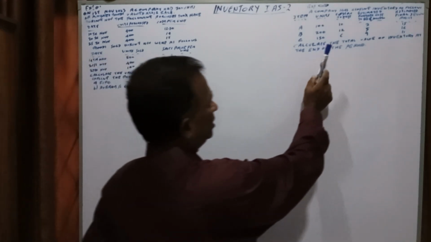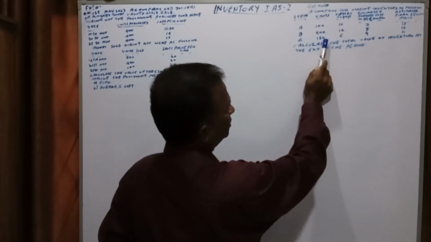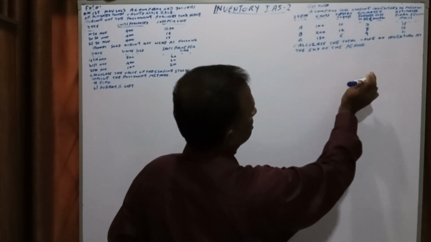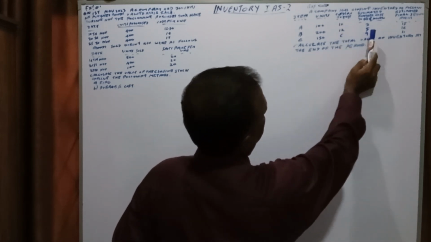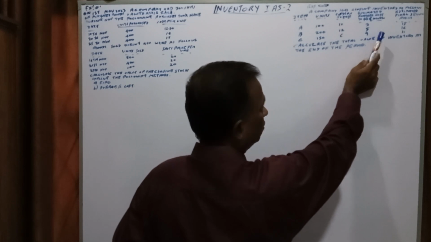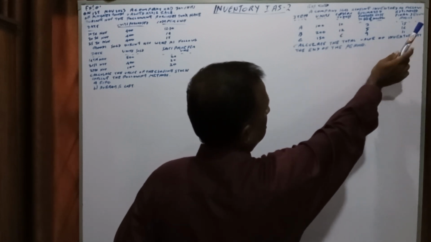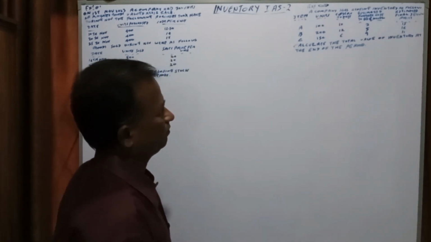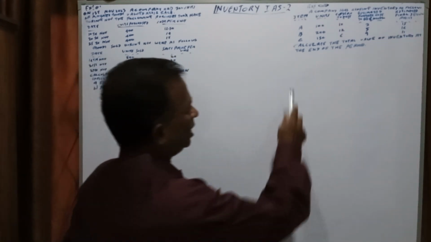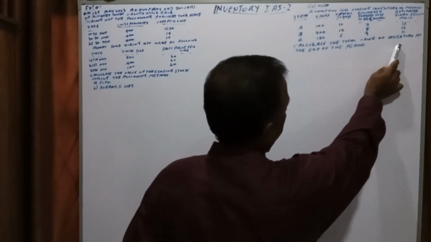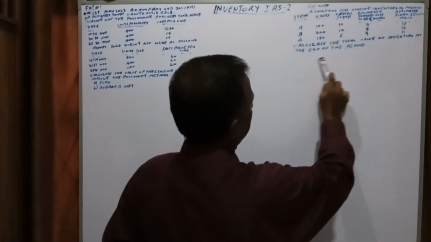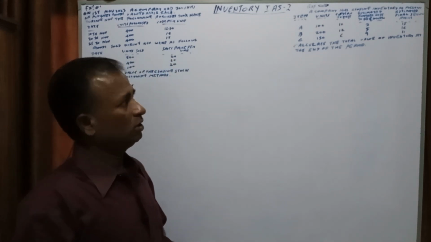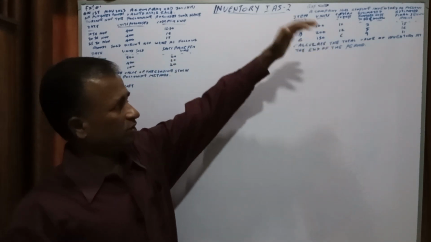Product C, they have 150 units at 6 rupees cost per unit, and further processing cost involved is 4 rupees, and estimated selling price is 11 rupees. The question is: calculate the total value of inventory at the end of the period, at the end of the year.